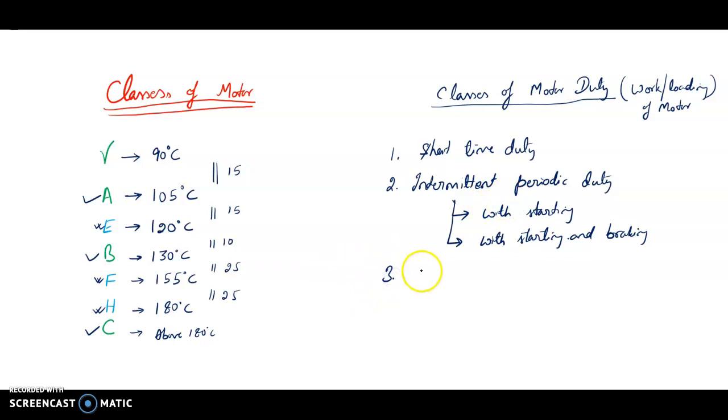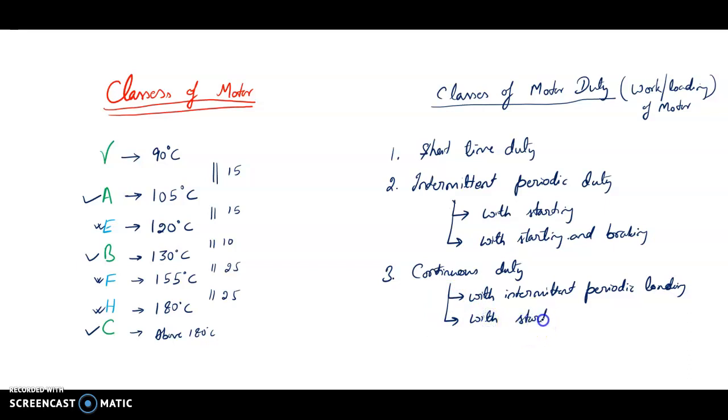Third, we classify continuous duty. Continuous duty can be plain continuous duty; another is continuous duty with intermittent periodic loading; we can also say continuous duty with starting and braking; and continuous duty with periodic speed change.